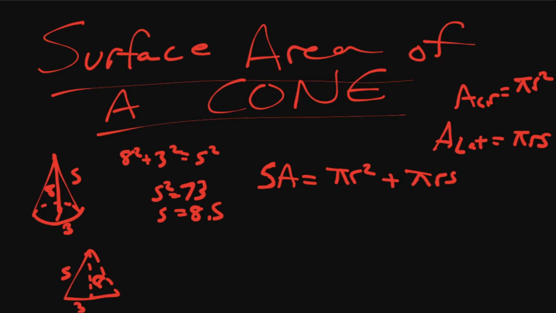now we have the radius and the slant height, so we can just plug in pi times 3 times 8.5.